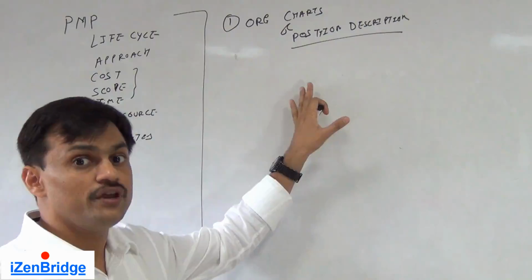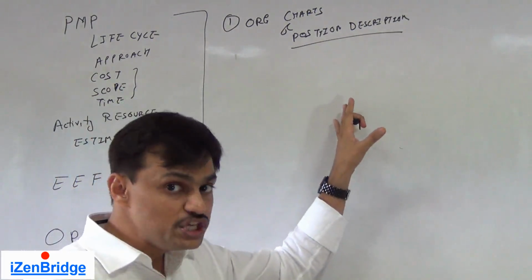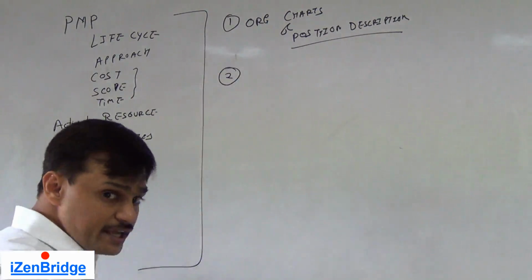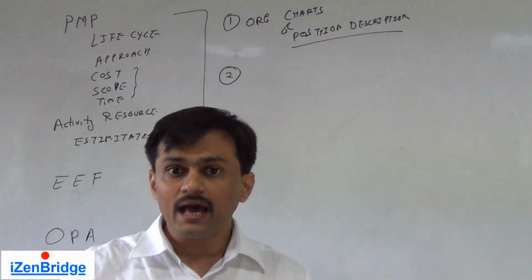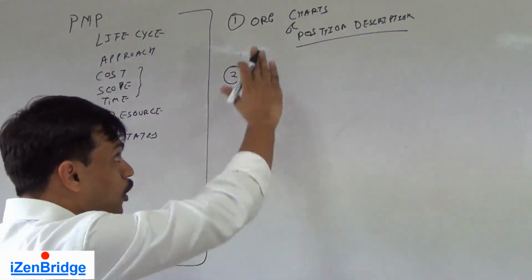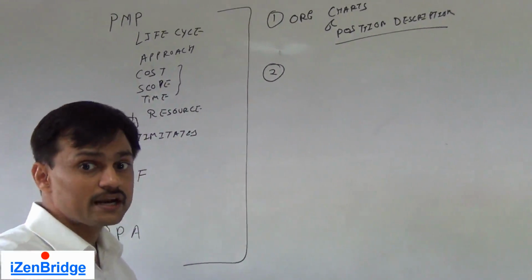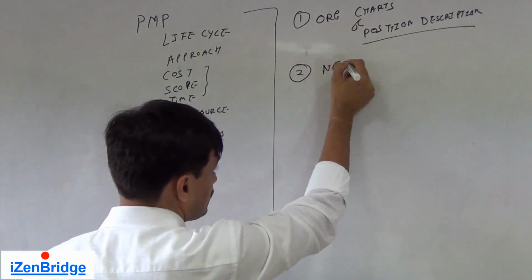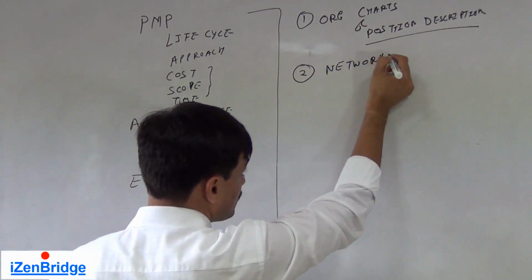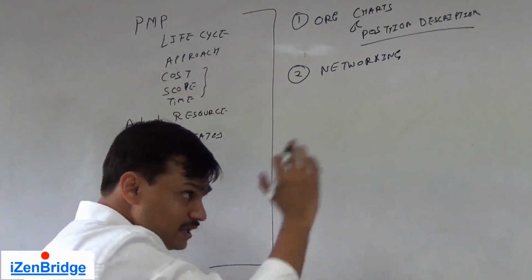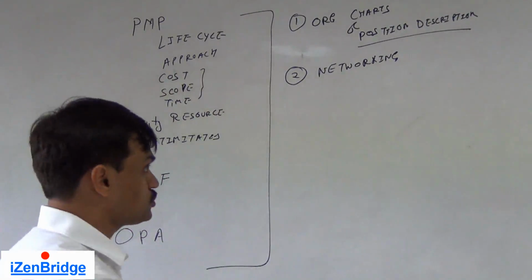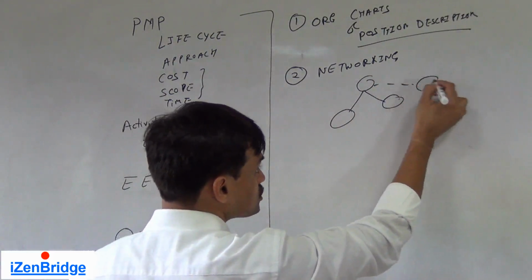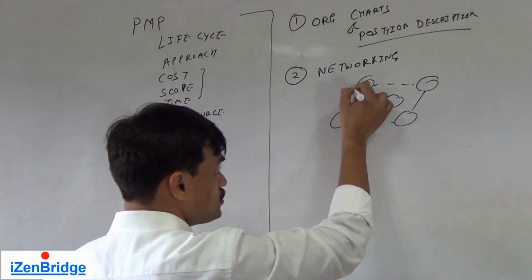In another video, we go into detail on each of these. Second, we can apply networking. Organization charts and position descriptions are relatively formal structures, but a lot of things happen informally. So while planning the human resource, we also need to take care of the informal relationships which exist between individuals.